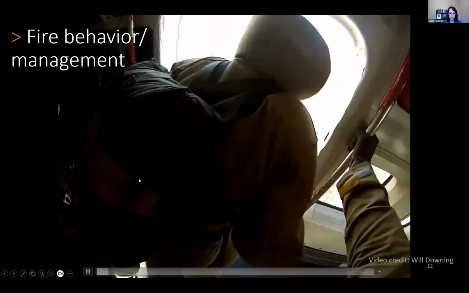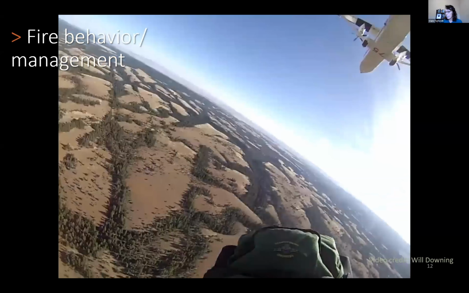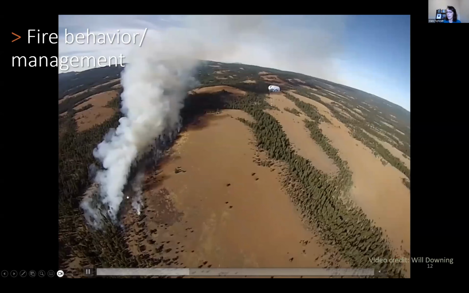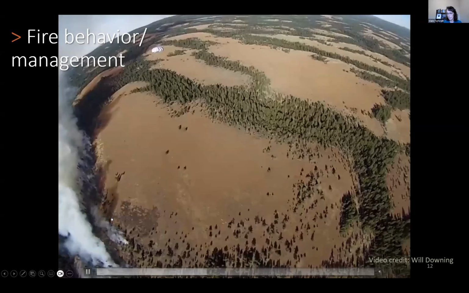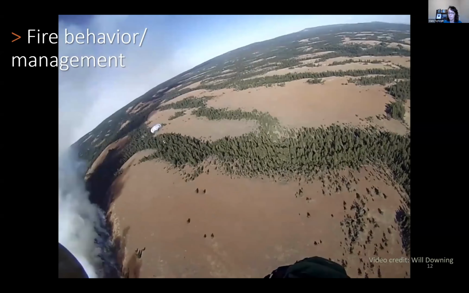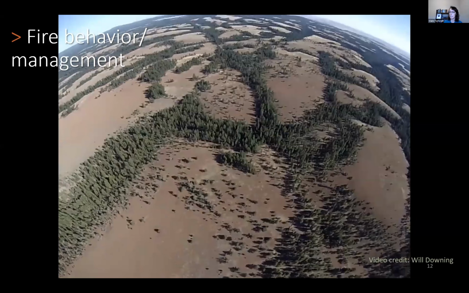And here's a little video I'm going to share from a friend, Will Downing. He was a smoke jumper for the Forest Service. And you see here, he's accessing a fire that's burning in one of these forested regions right next to this scabland patch. And in this case, the scabland is not invaded. So there's really not any fuels in this scabland to carry that fire across or into the surrounding forest.